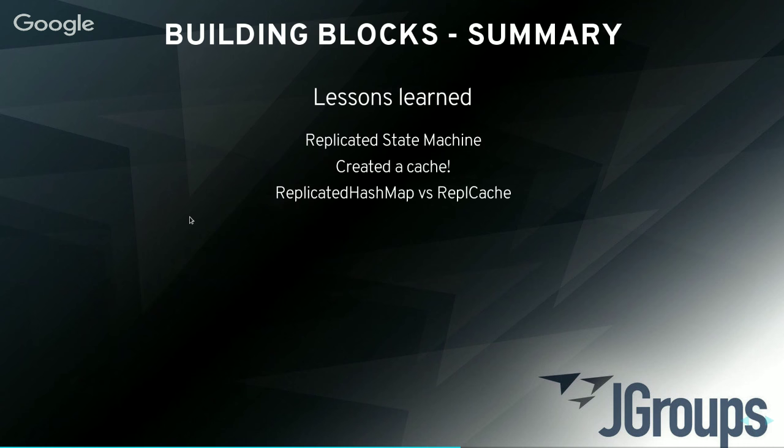So each of you right now can write a replicated cache. It's pretty cool. We also took a look at some really high-level building blocks like replicated hash map and replicated cache. But again, if you need an advanced caching solution, you should probably look into Infinispan. Again, JGroups is a very basic, very low-level framework.